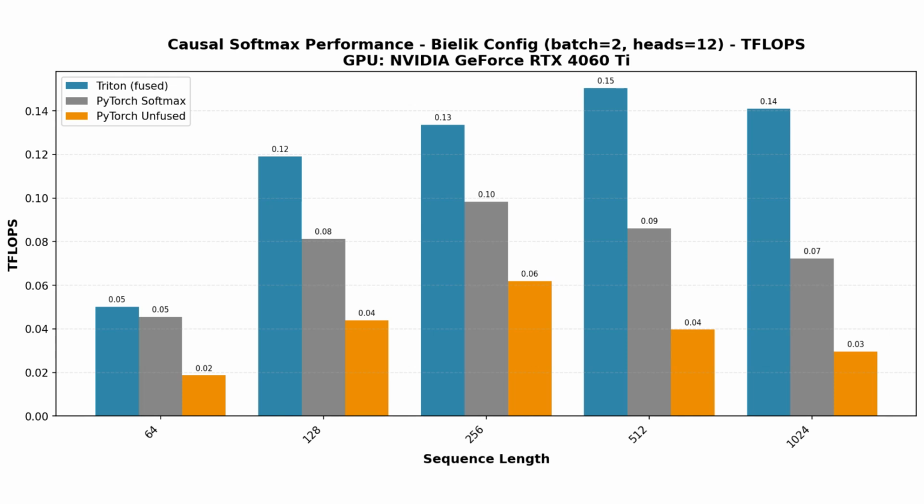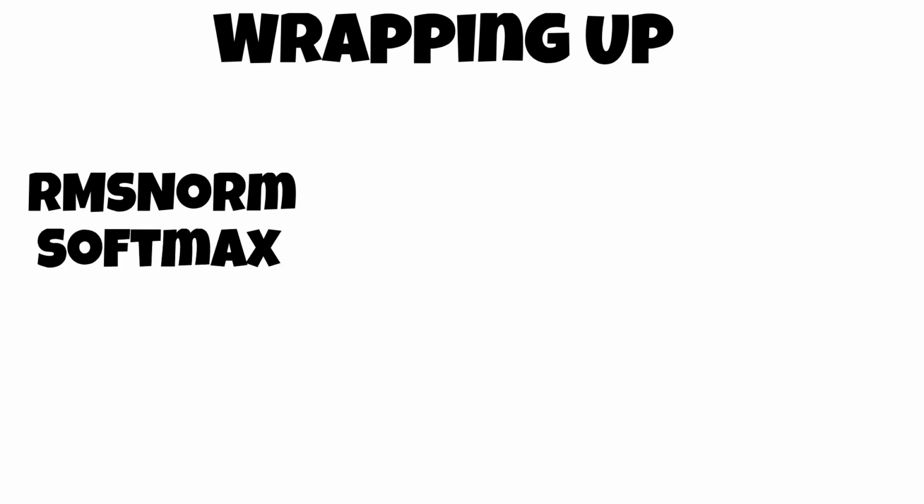And just like before, with a peak of only 0.15 teraflops, it proves softmax is entirely memory bound. Fusing the causal mask isn't just a nice bonus, it's absolutely critical for long contexts. So what did we learn? The memory wall is real.